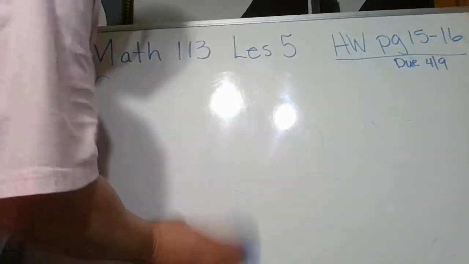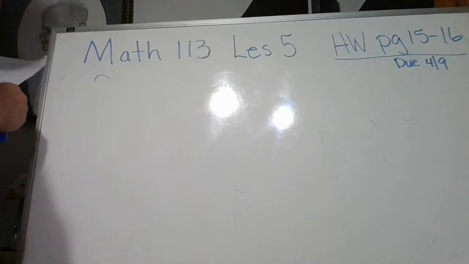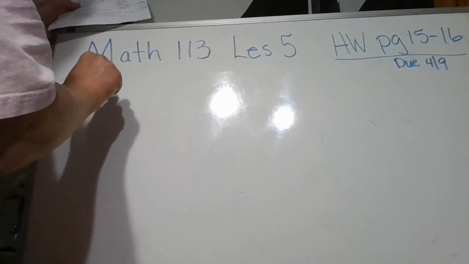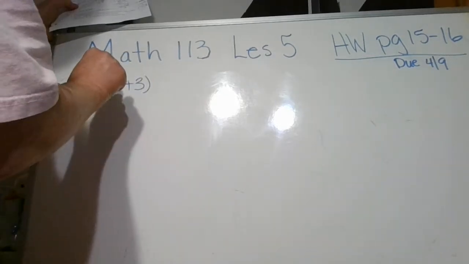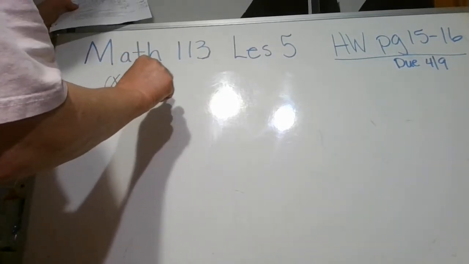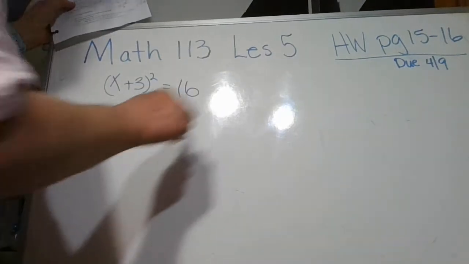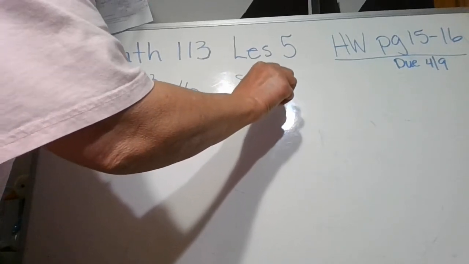Okay, let's go on to the next example. On this one, I have x plus 3 squared equals 16. So on this one, I'm going to use the square root property. Square root property, and you can see it there on that page.